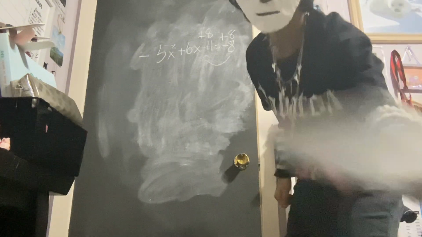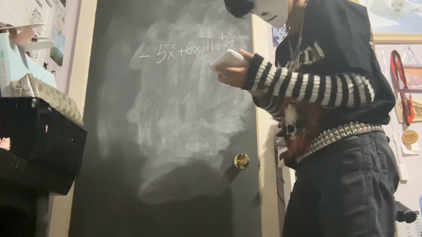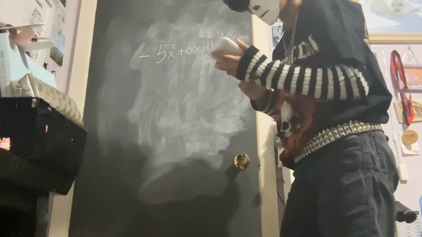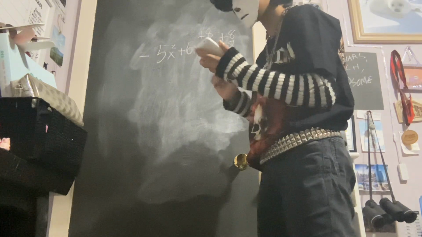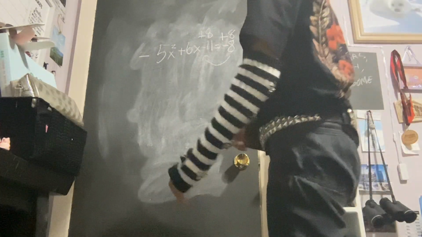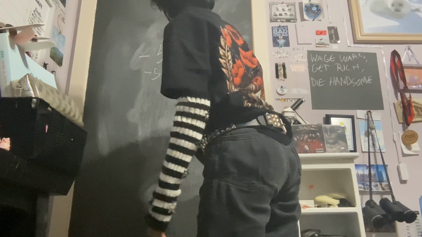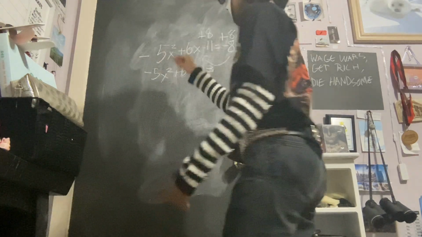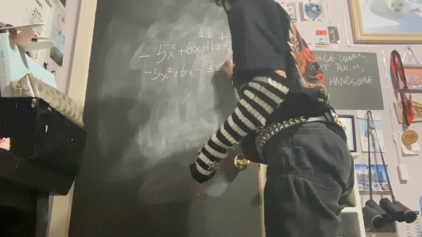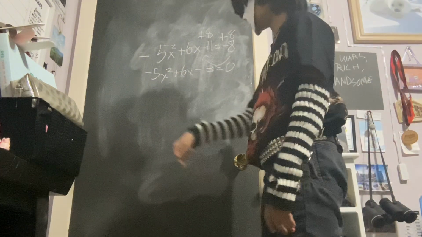So we can plug that into the calculator and let's see what it says. Hold on. Yep, I was right. Now it's going to be negative 5x squared plus 6x minus 3, and it also equals 0. This looks familiar. Let's get started.